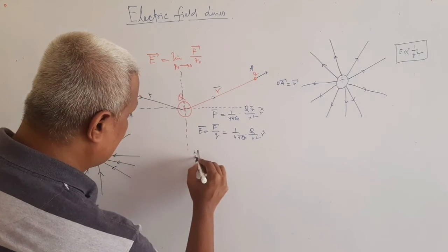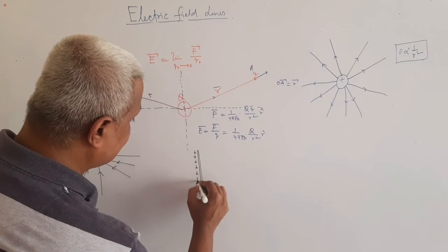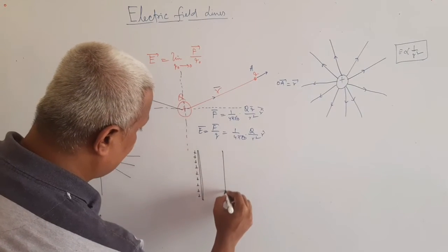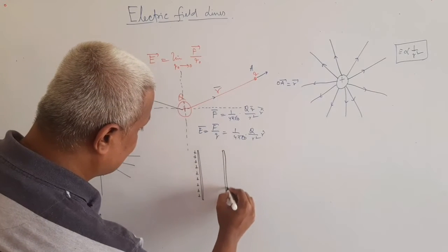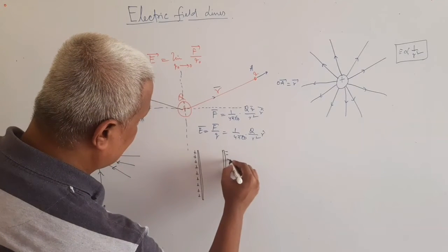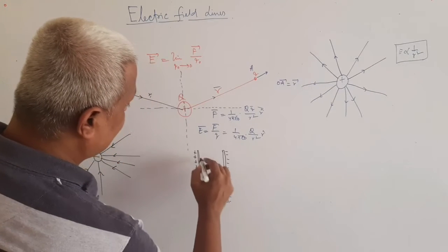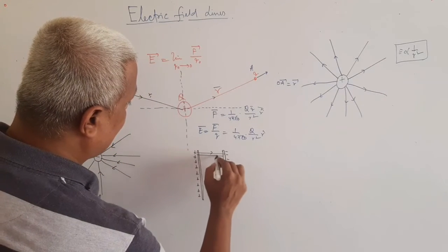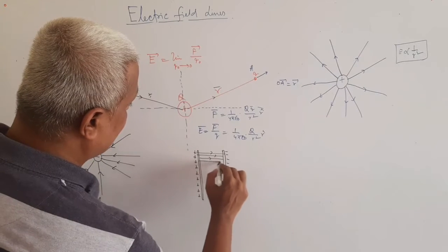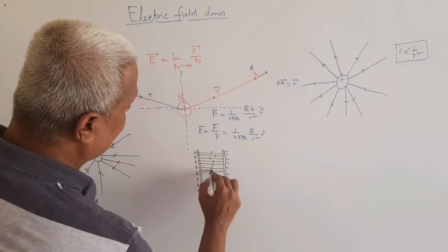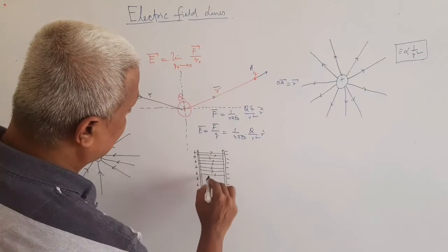If I spread positive charge on one plate, and there is another plate which has negative charge on it, then the electric field between them will be parallel and evenly placed. This is called the idea of the uniform electric field.